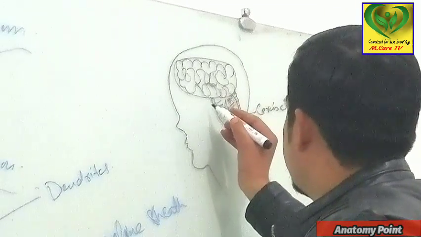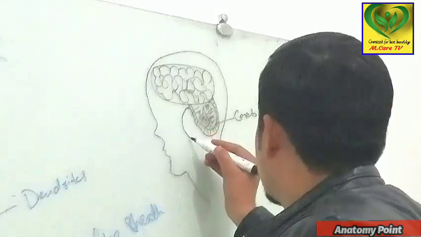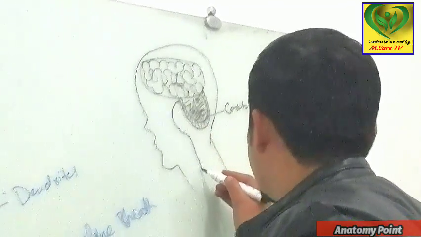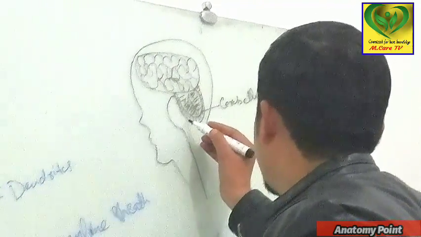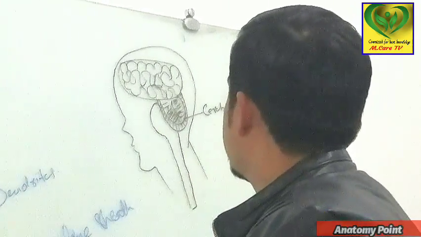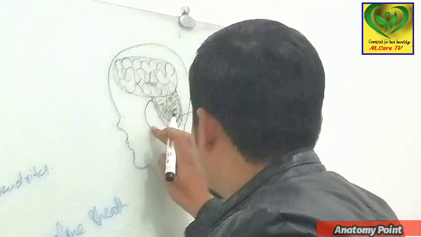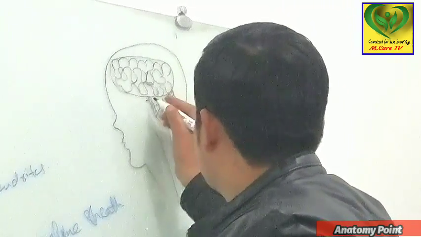Here in front there is a structure which is then elongated. Are you clear with the diagram?